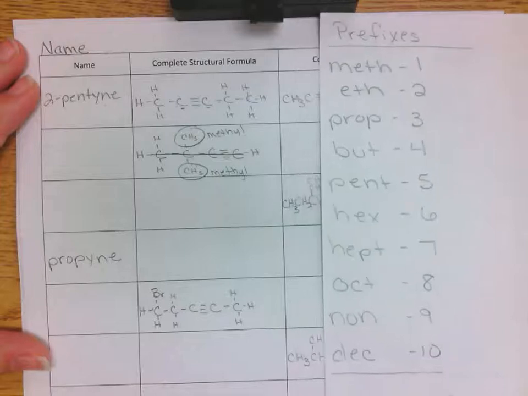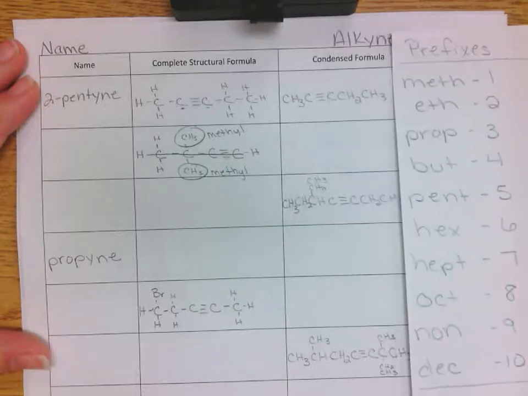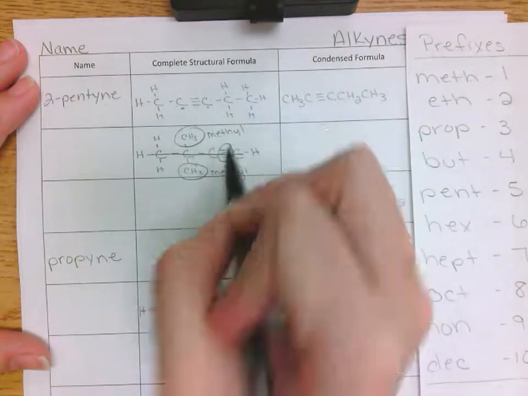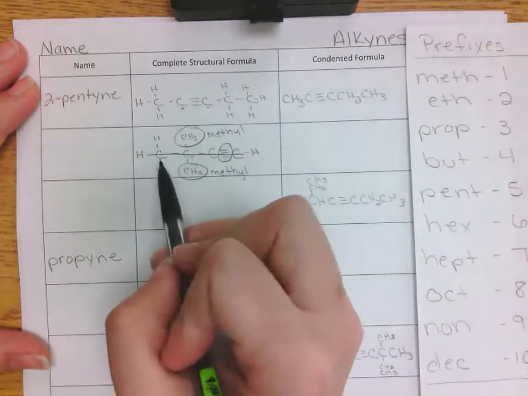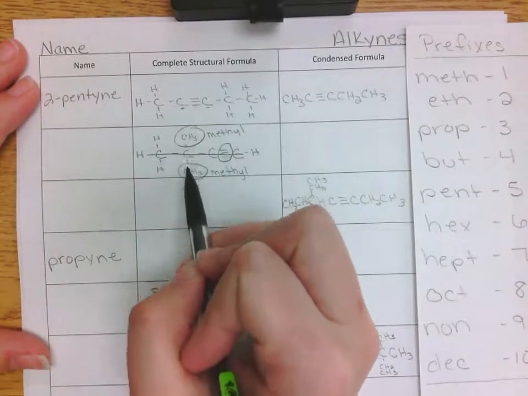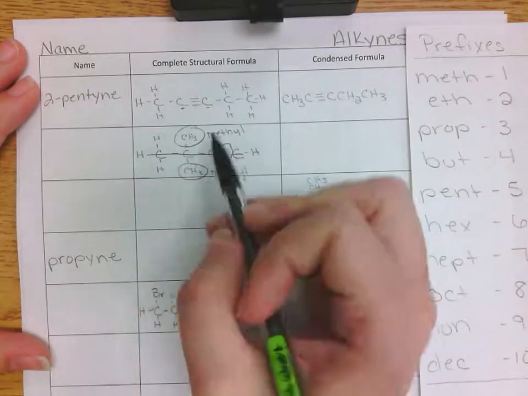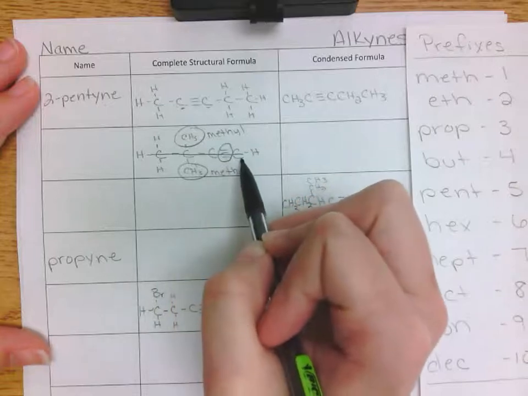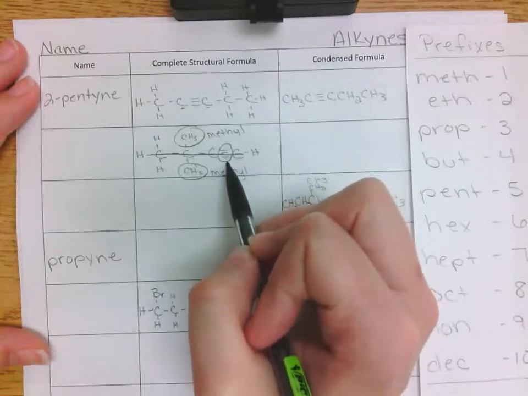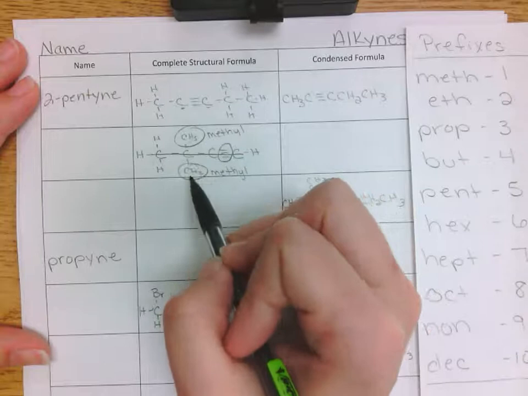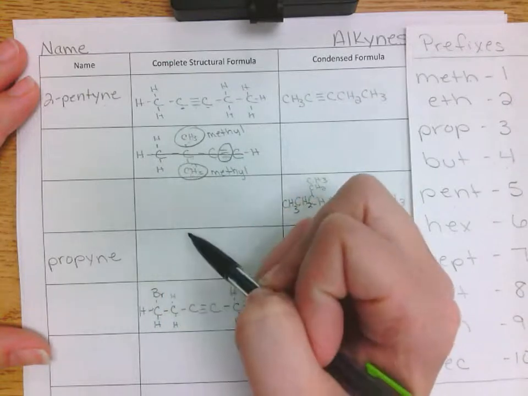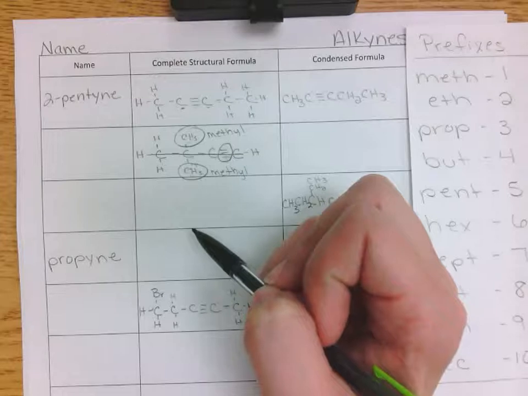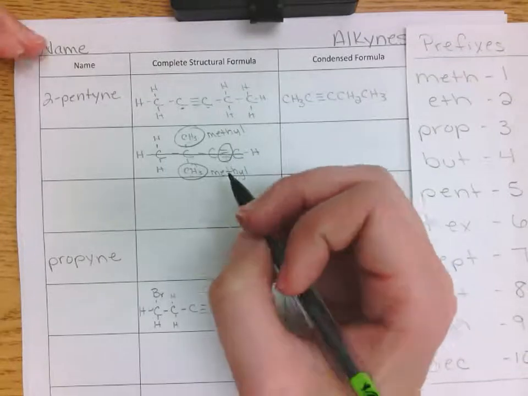We need to tell where these branches are located. And we also have to tell where our triple bond is located. I could count from the left, so they're both on carbon 2, and the triple bond's on carbon 3. Or I could count from the right and say my triple bond is on carbon 1, and my methyls are on carbon 3. And that's actually the better way to go. We want our triple bond to have the lowest number possible.